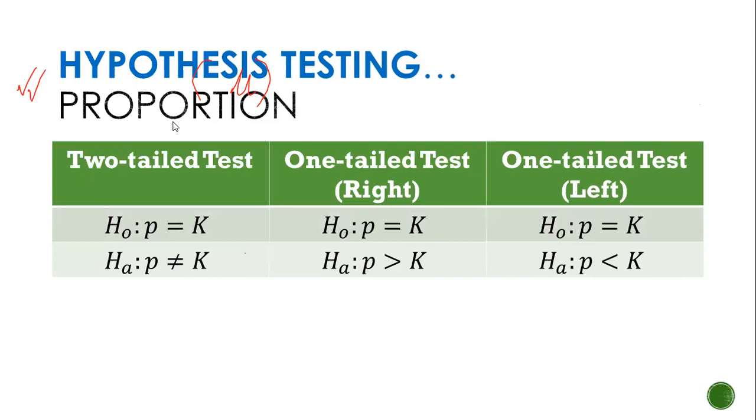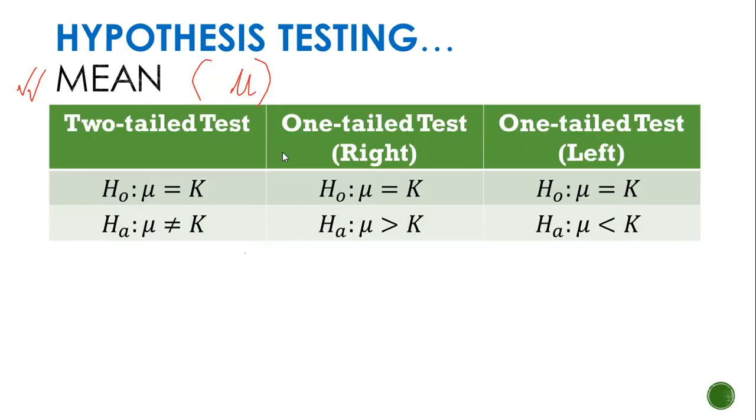Ayan, proportion ba or mean? Okay? Next, anong gagamitin natin? One-tailed or two-tailed? Paano natin malalaman ulit kung one-tailed or two-tailed? Tignan natin yung problem kung may direction. So kung may direction siya, we will utilize your one-tailed. Kung wala siyang direction, hindi natin alam kung which one is greater than the other, we will utilize your two-tailed.